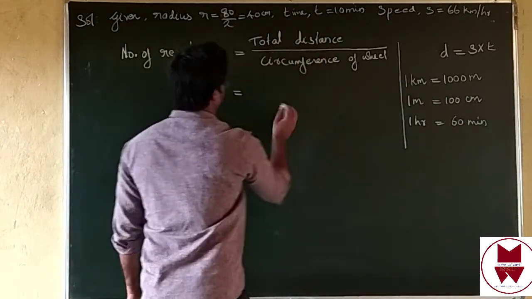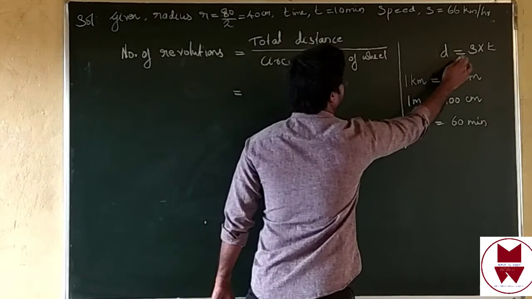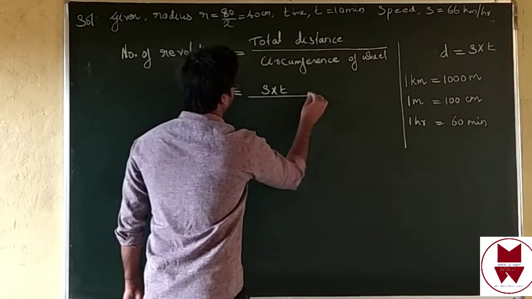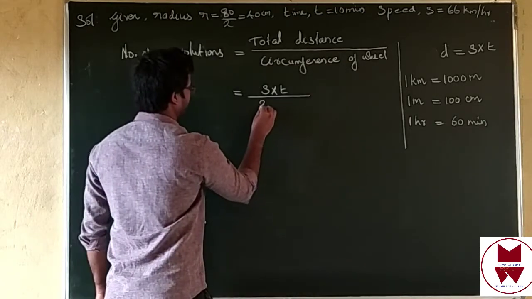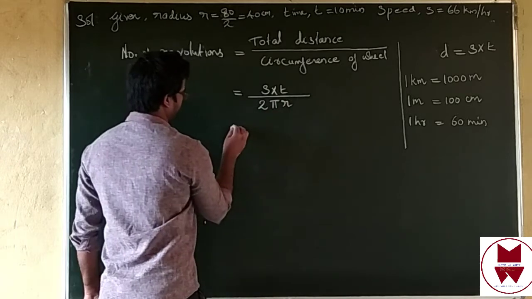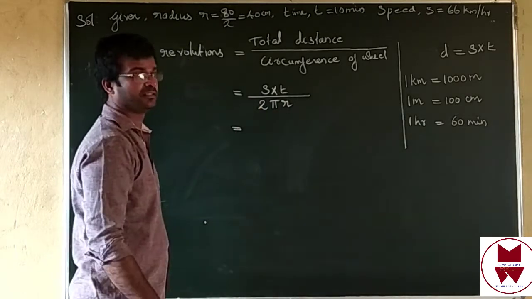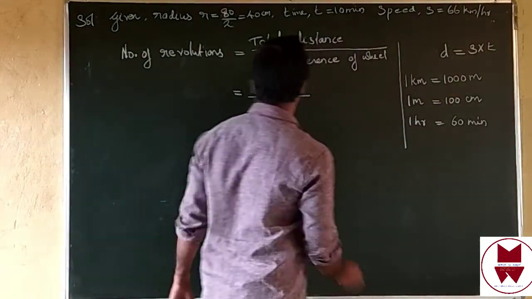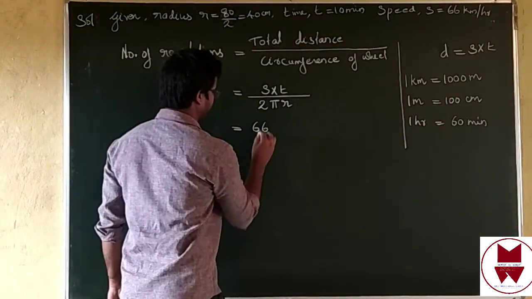Then total distance formula we have studied is speed into time. Circumference of the wheel, circumference of a circle, is 2 pi r, equal to speed, already given 66 kilometer per hour. We can write 66.